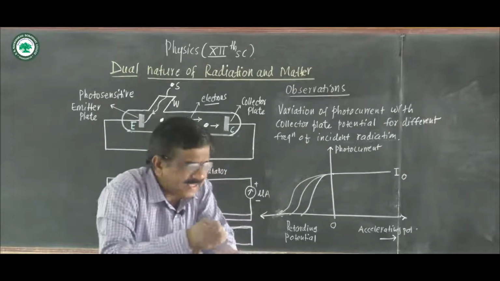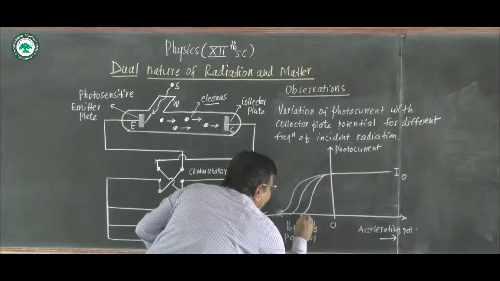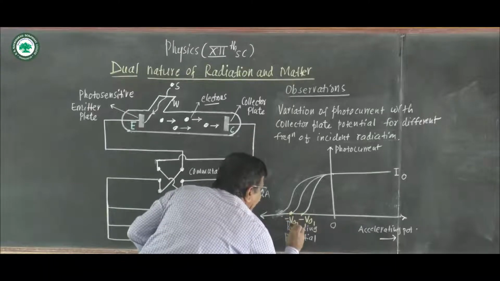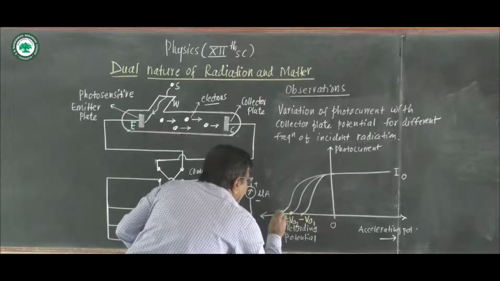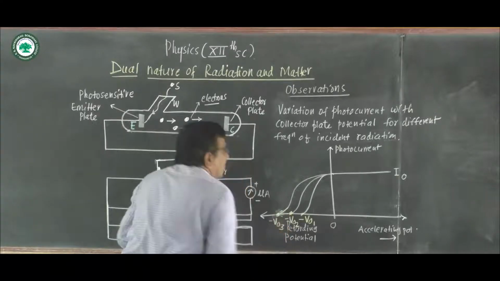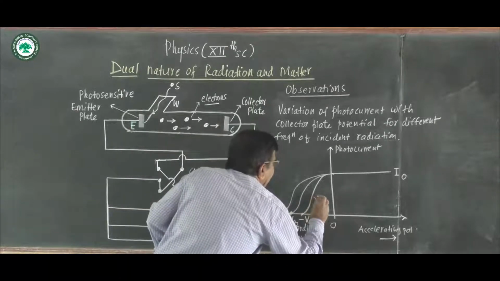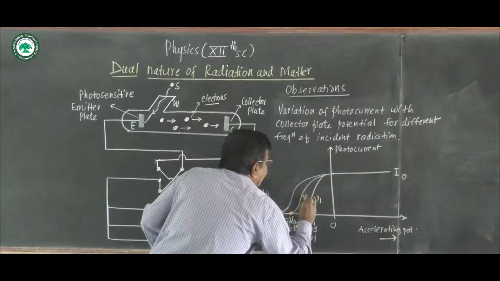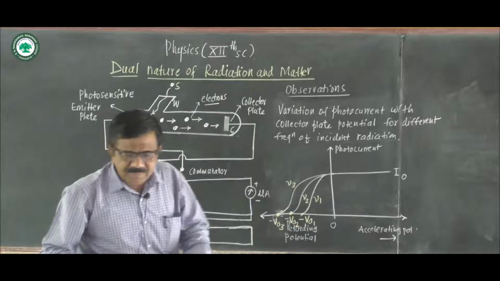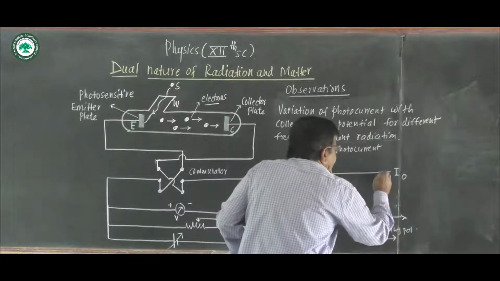We denote it as minus V01, here it is minus V02, and this potential is minus V03, for the different frequencies nu1, nu2, and nu3. And one main thing is here, saturation current is I0.